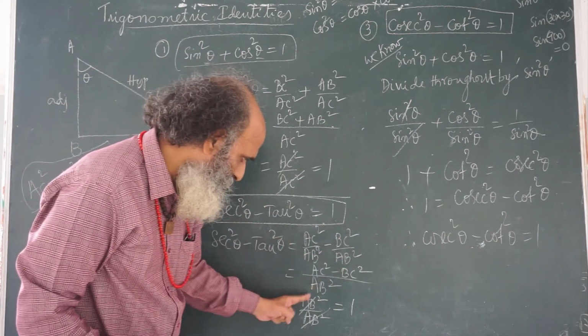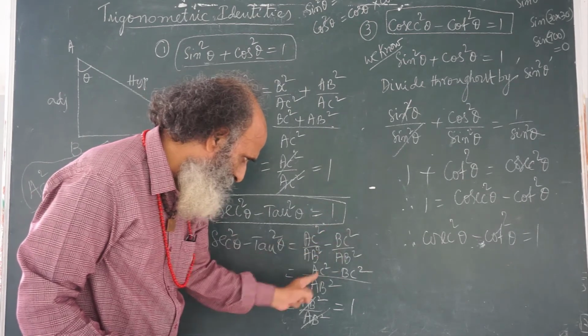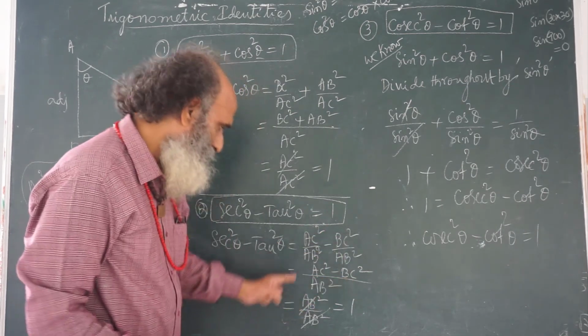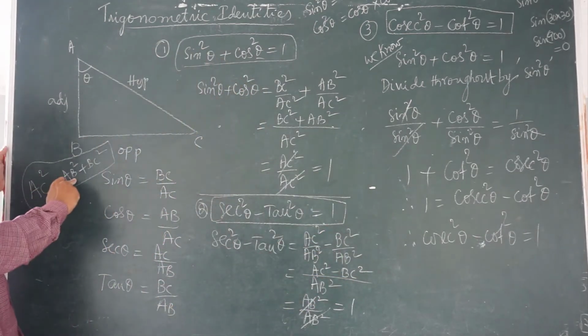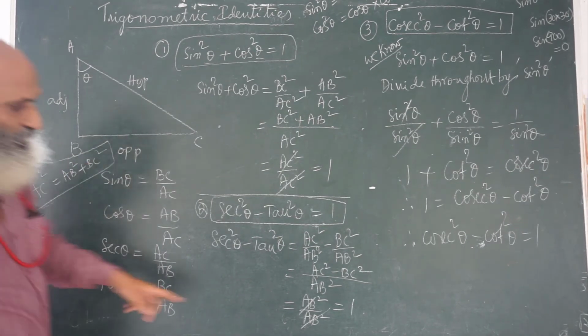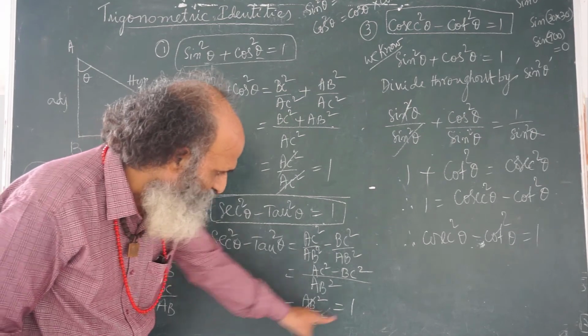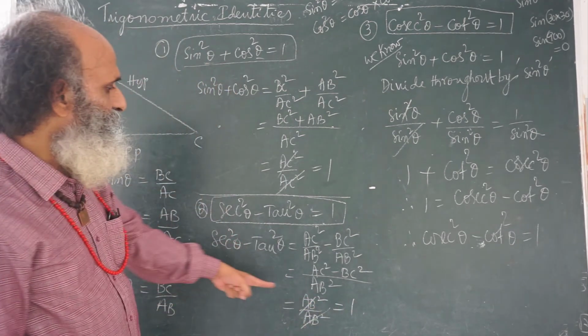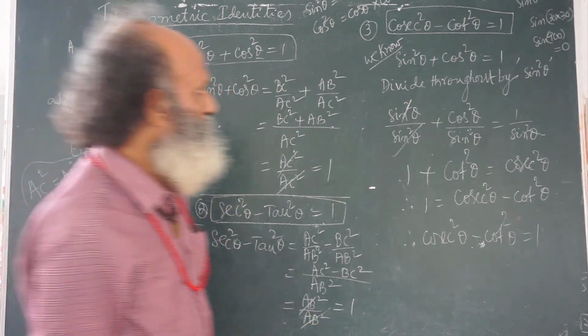What is the LCM? AB square. AC square minus BC square by AB square. But AC square is equal to AB square plus BC square. So AC square minus BC square is equal to AB square. Therefore AB square by AB square is 1. So secant square theta minus tan square theta is equal to 1.